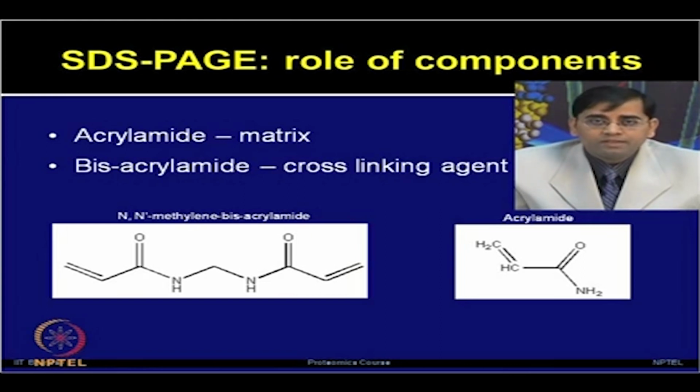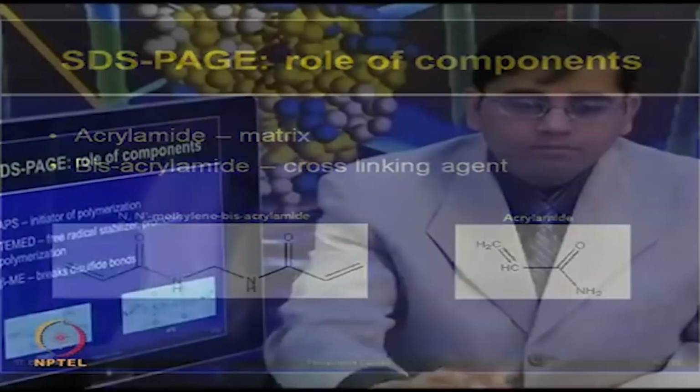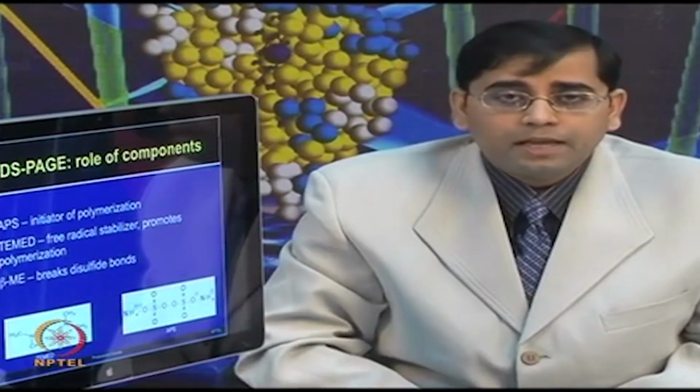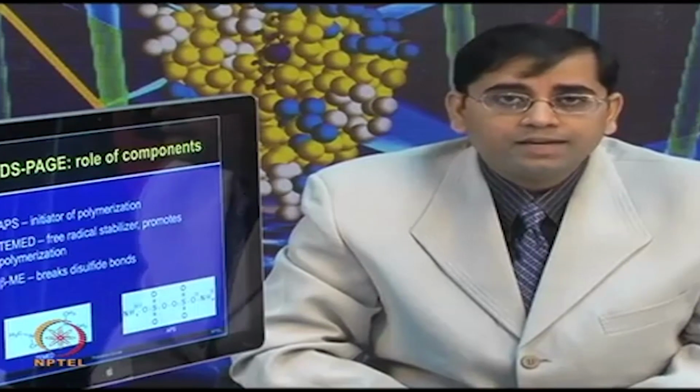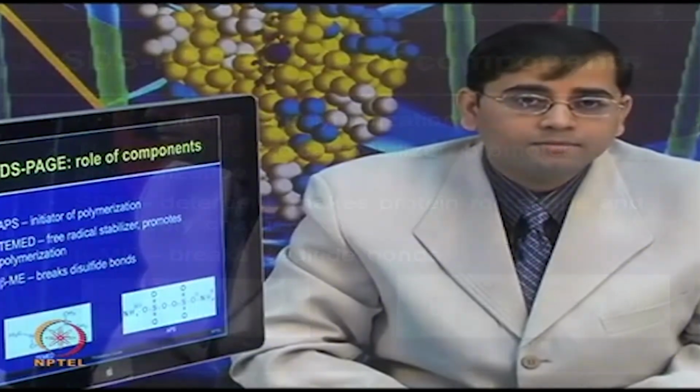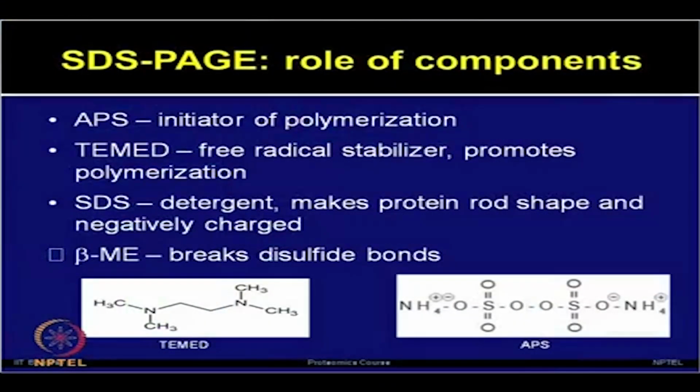But that itself is not sufficient to polymerize the gel. You need to add a few more reagents, which include APS or ammonium persulfate, which initiates the polymerization process. TEMED, that is a free radical stabilizer, also promotes the polymerization of the gel.